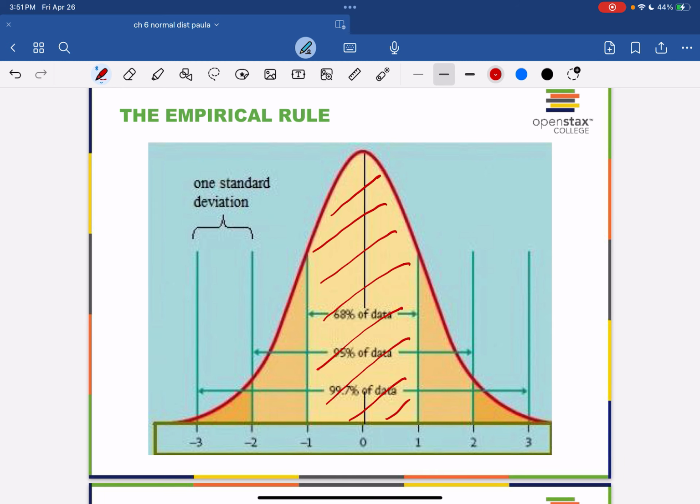So 68% of the data is within 1 standard deviation of the mean, plus or minus 1 standard deviation. 95% of the data is plus or minus 2 standard deviations, and then 99.7% of the data is within 3 standard deviations. And there are data values out here beyond 3 standard deviations, but not very many, very, very few. The vast majority of the data values are closer to the mean.